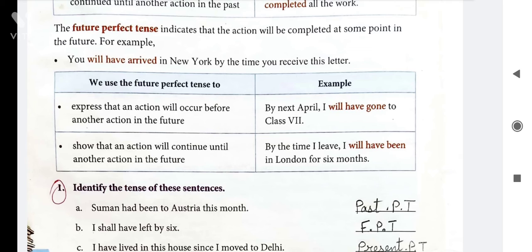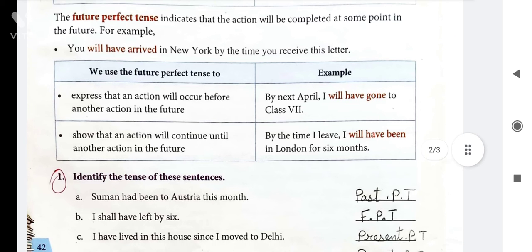So the definition is that the future perfect tense indicates that the action will be completed, is going to get completed at some point in the future, sometime, somewhere, on a particular point. The thing is going to get completed.